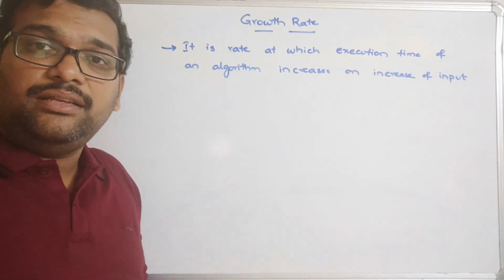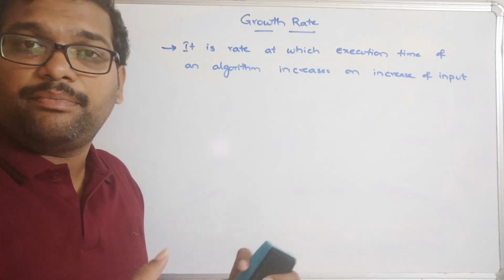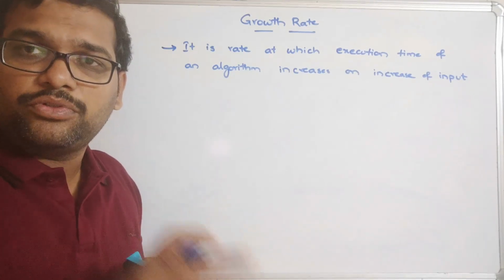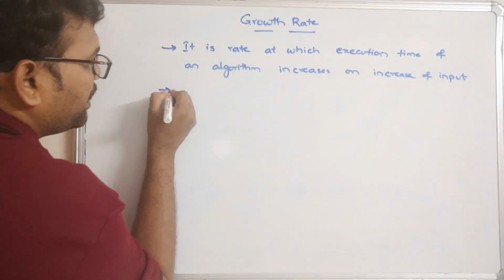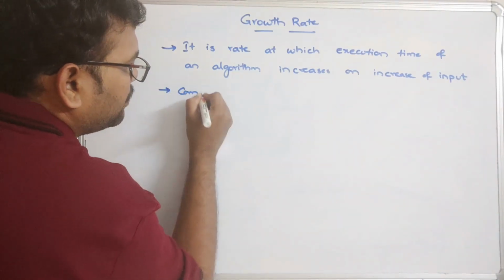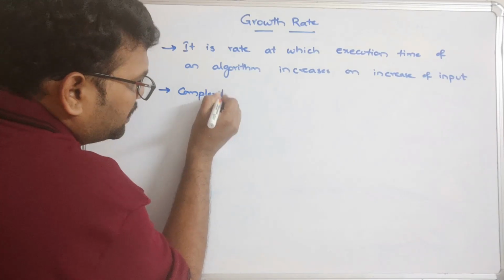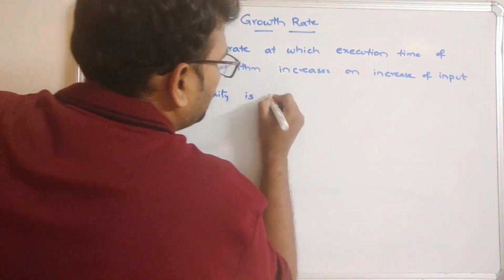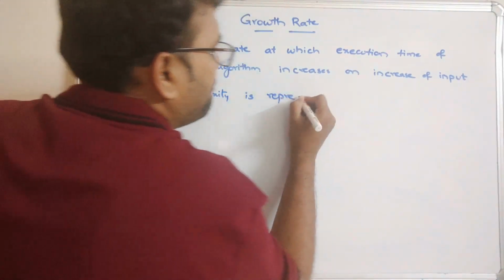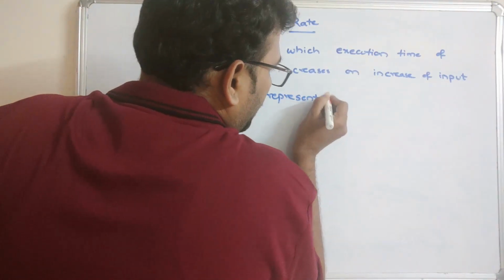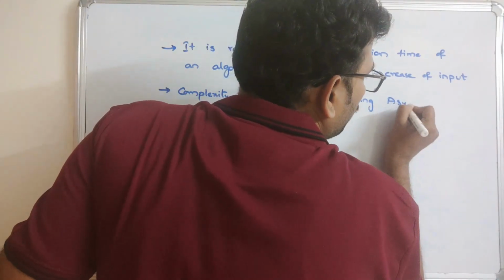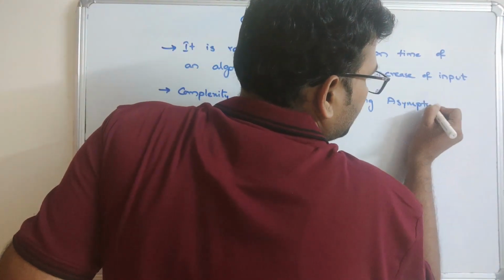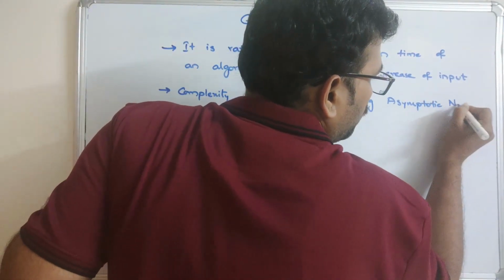We have seen the asymptotic notations in our previous session, so I'll post the link in the description so you can go through that one. So the time complexity is represented using asymptotic notations.